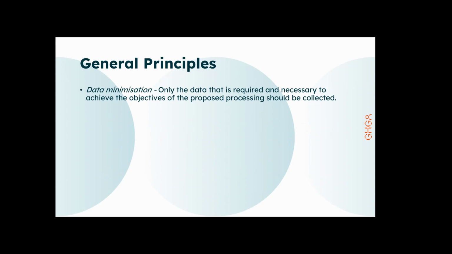So, general principles of the GDPR as well: there's an expectation that we have data minimization. This means that we're only collecting data that's required and necessary to achieve the objectives of the proposed processing. So if you're doing a particular research project where you're looking at a particular question, it's not considered to be good practice within the GDPR just to collect all the information you can about those people, whether it's relevant for the research question or not.